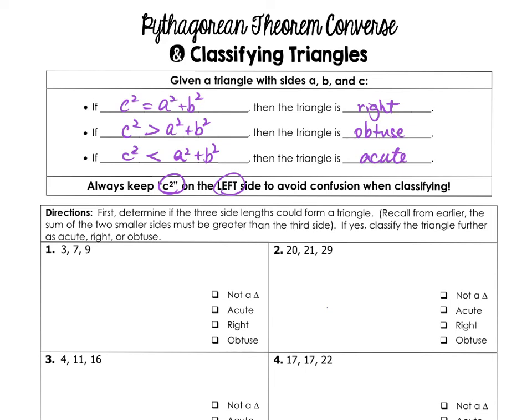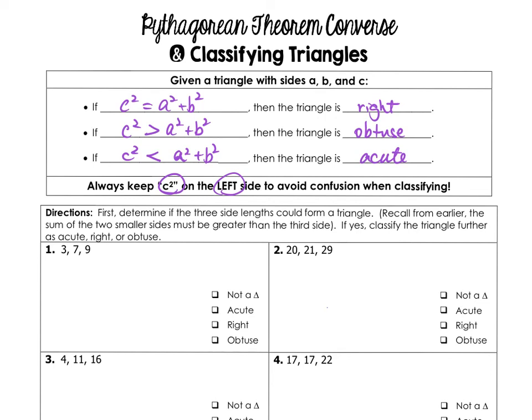If I'm given 3 sides of the triangle, this is really important. If I'm given the side lengths of a triangle, then I can determine what type of triangle they are. But the first thing I need to do is determine whether these 3 sides can make a triangle or not.